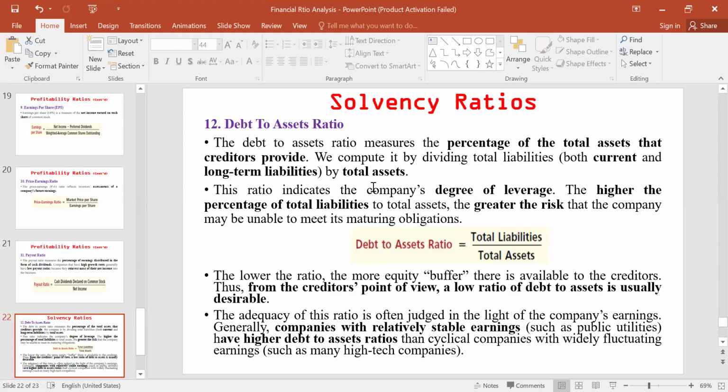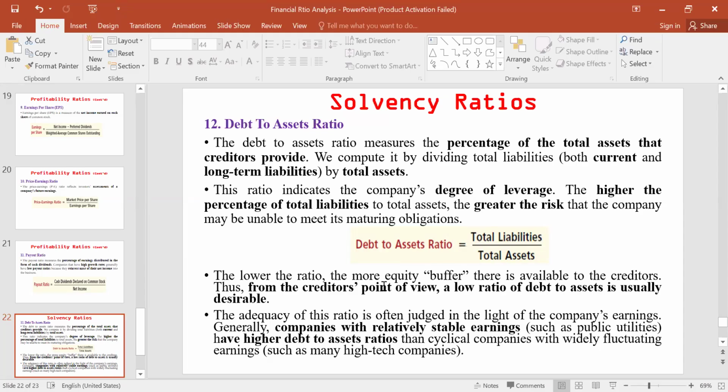Another is the solvency ratio. Solvency ratio indicates the long-term survival of a company, how much capacity it has to survive over a period of time. That is indicated by this ratio. The common technique is the debt to asset ratio: how much debt there is, and how many assets are available to pay the debt. Total liabilities divided by total assets.